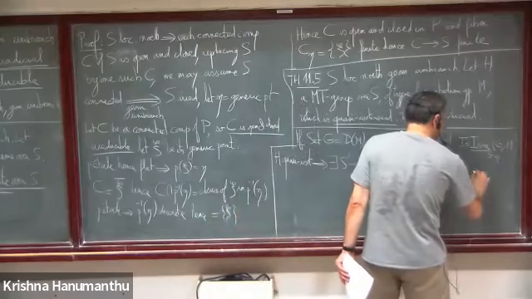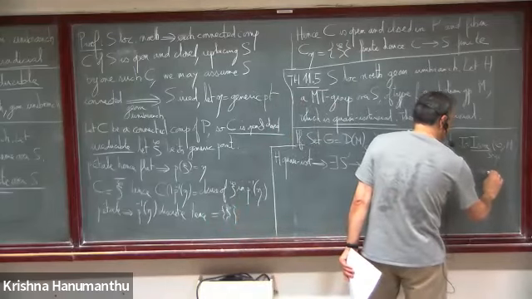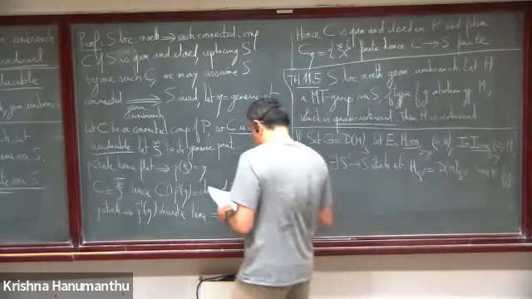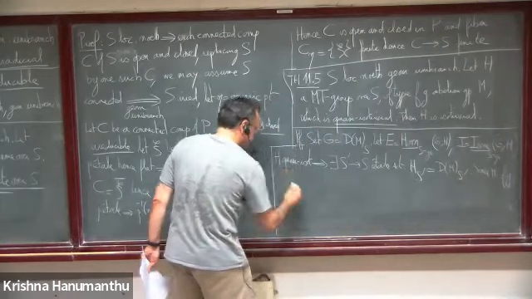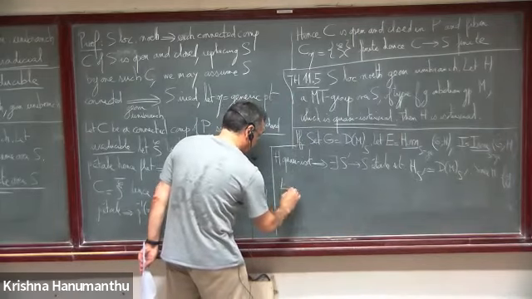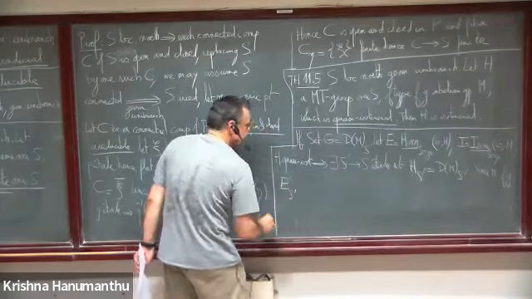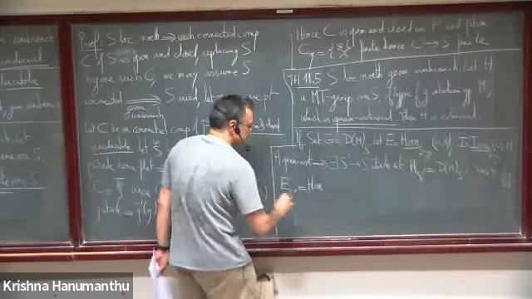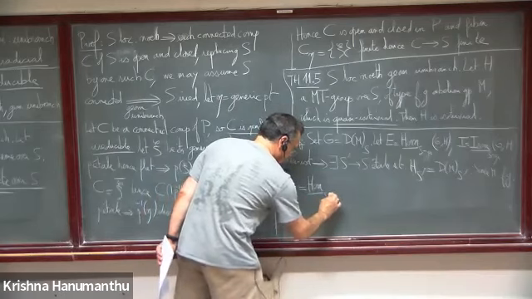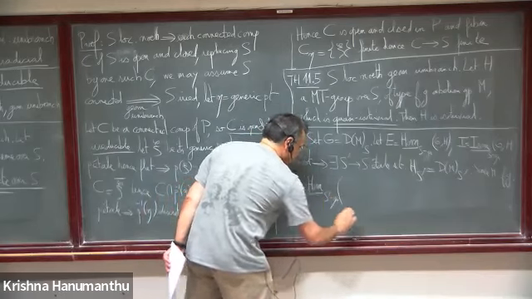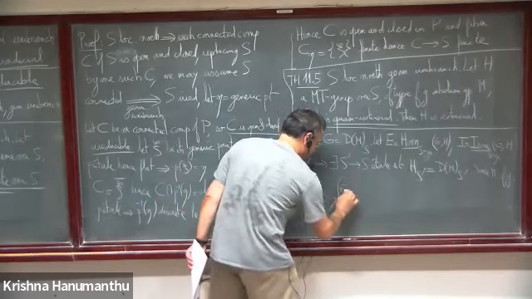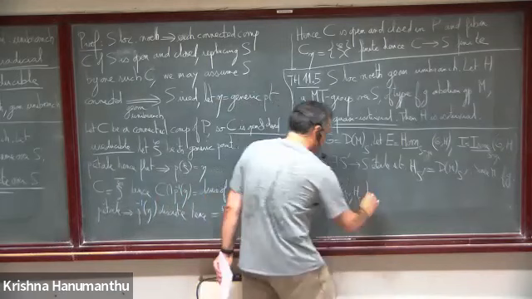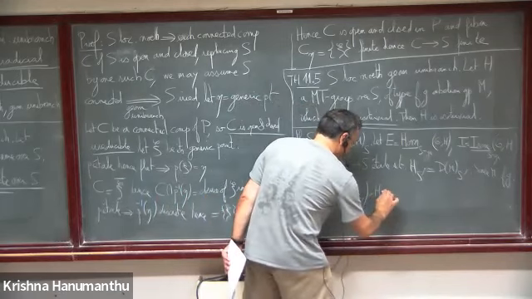And since M is finitely generated, we know that E of S prime, by base change, is the same thing for G S prime and H S prime.